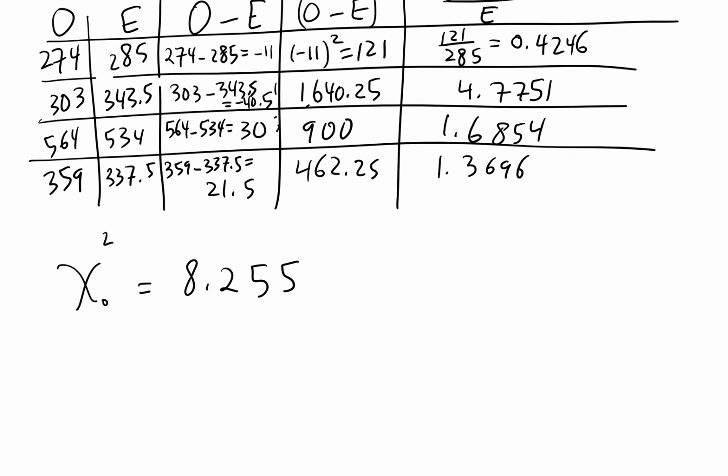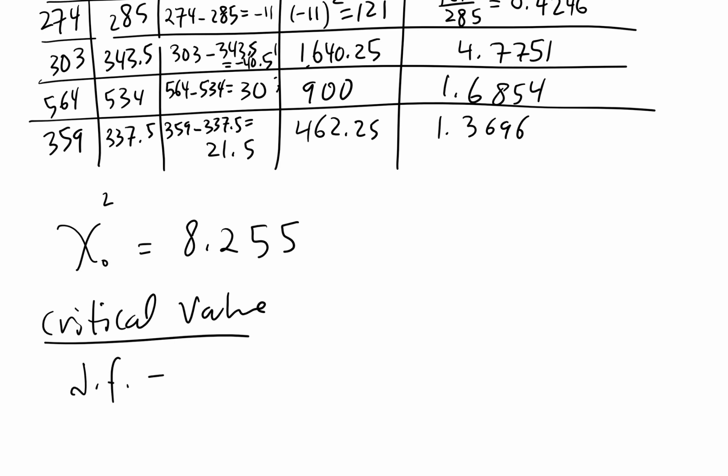Now for the critical value approach, we have the degrees of freedom: 4 observations minus 1, so 3.